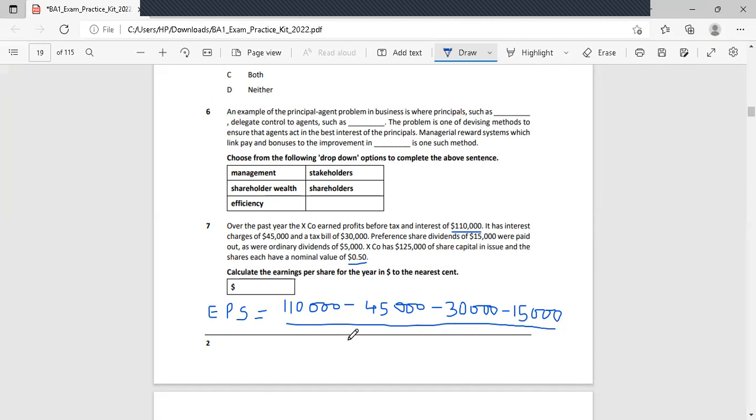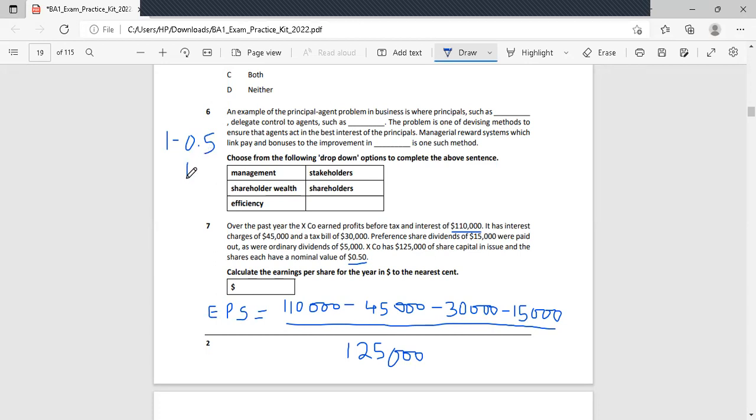The total share value is 125,000. The logic is one share is worth 0.5, but the total share capital is 125,000.